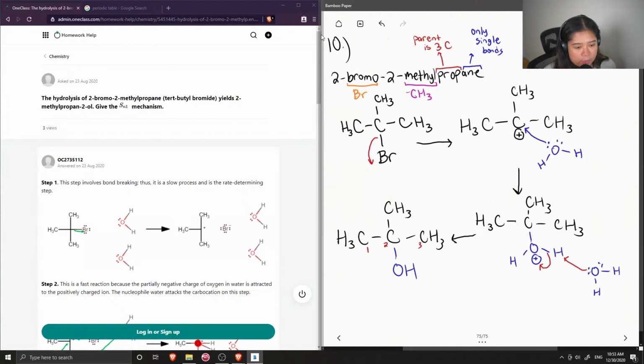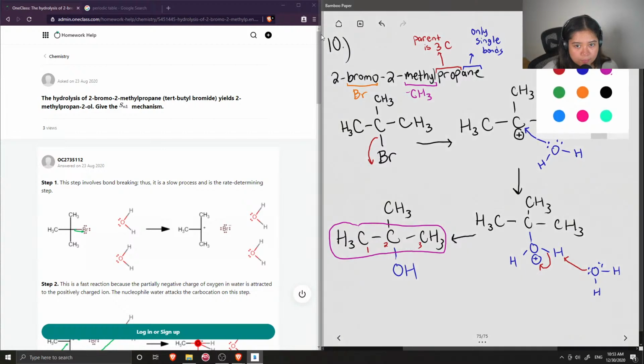This will be the longest carbon chain containing all the most important things. In this case, it is these 3 carbons as our chain. It can also be the top one as well, but just to make it easier, I'll circle the 3 that are in a row.